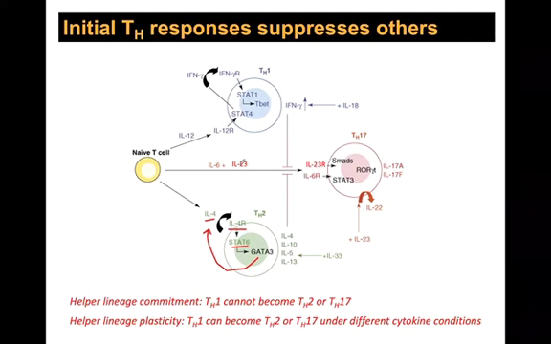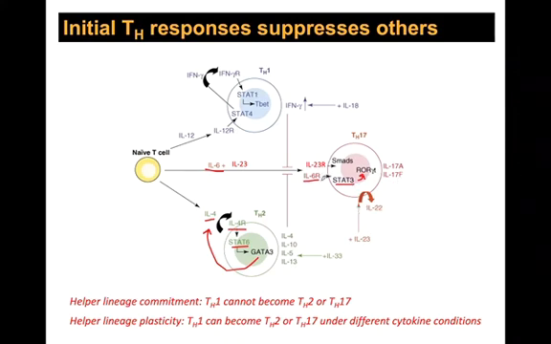Now, for Th17 cells, this also works, but they're not directly competing, right? Th17 cells are a little more plastic in what we want them to do, and we'll talk about them in a second. But the main signal that they're getting is IL-6. IL-6 will bind to the IL-6 receptor, signal through STAT3 to turn on ROR gamma T, and then they start making cytokines like IL-23.